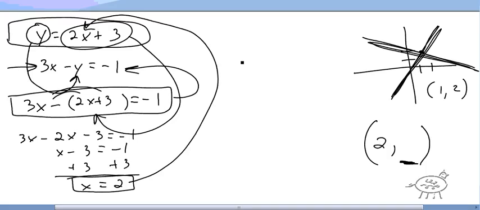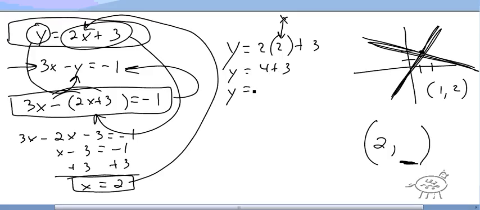So y equals 2x plus 3, so y equals 2 times x, which is 2, plus 3. So y is equal to 4 plus 3, so y equals 7. So that's my answer. It's (2, 7).